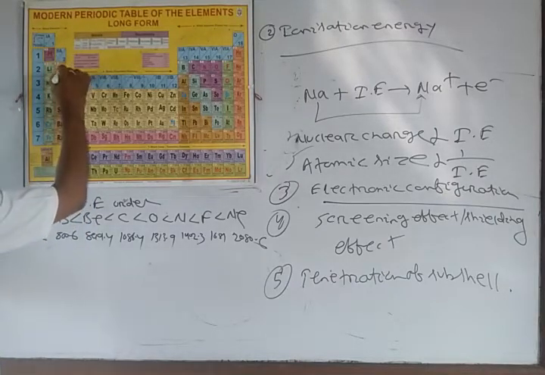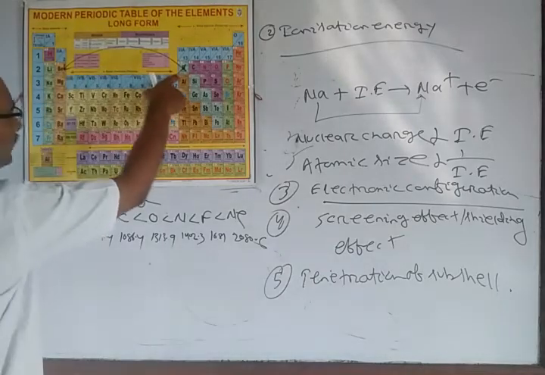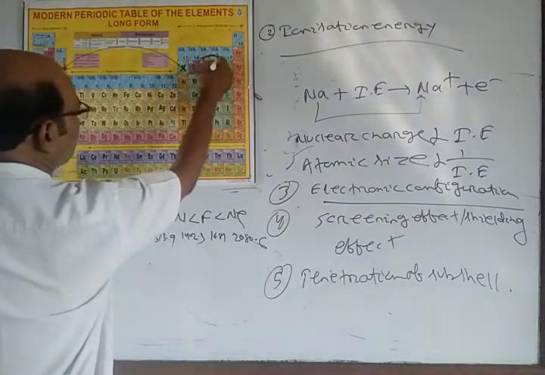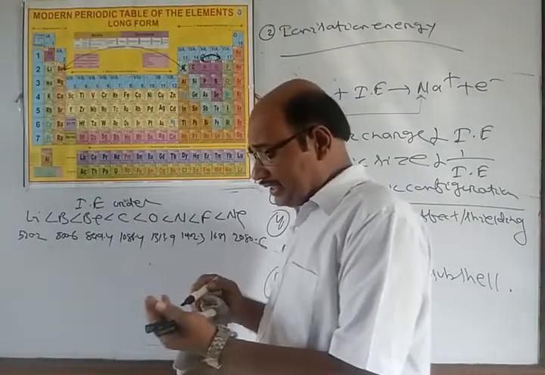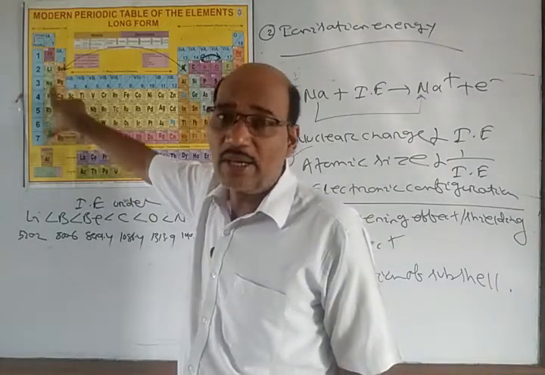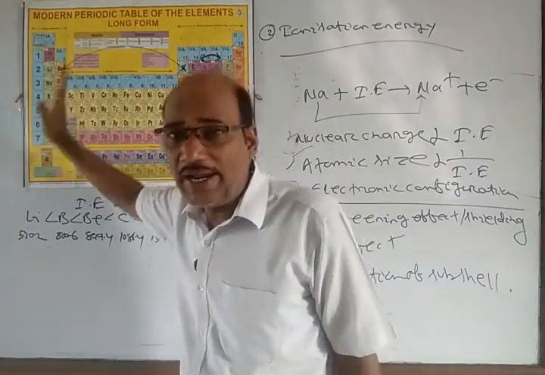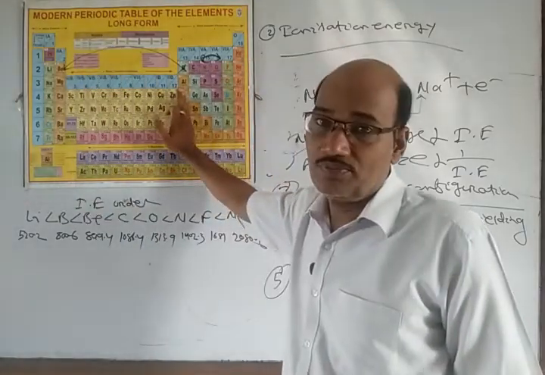here in this case, group 2 and 13, and here 15 and 16, there is an exception. That means all the elements of group 2 are having higher ionization energy as compared to group 13.